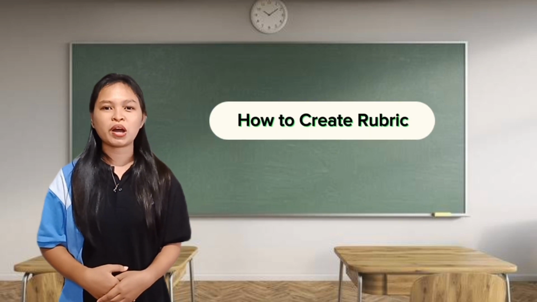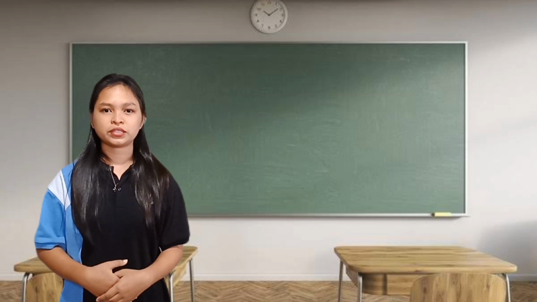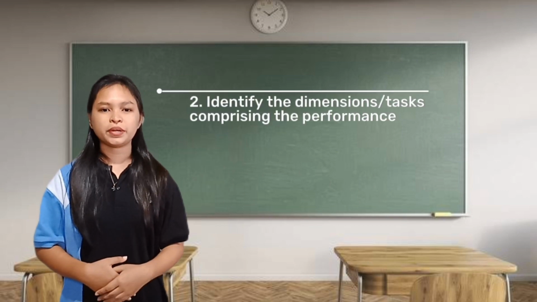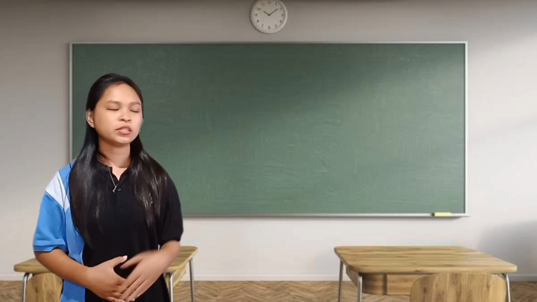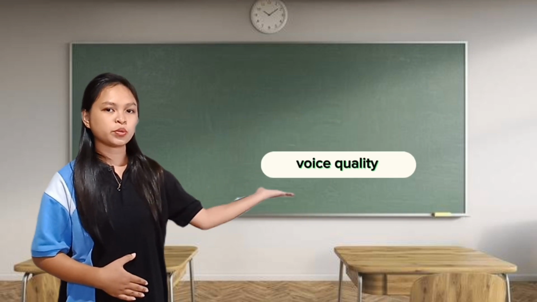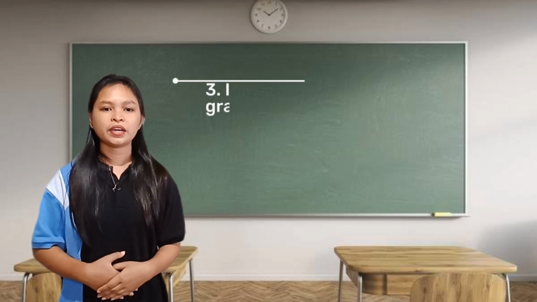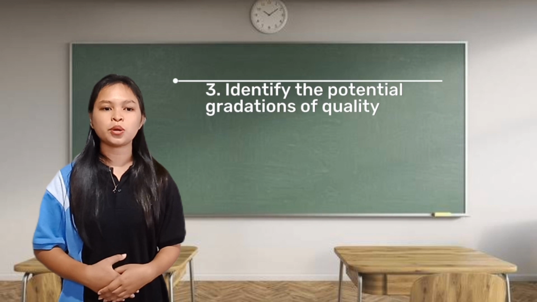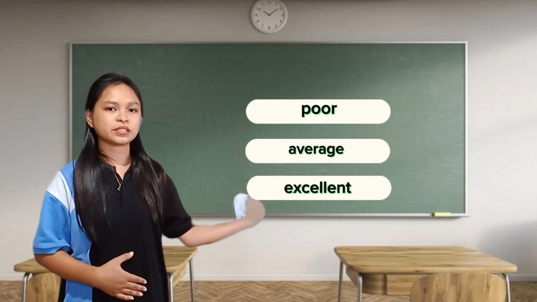Now, I will teach you how to create a rubric. Number 1, record the performance objective. Number 2, identify the dimension or task comprising the performance. Example, speech mastery, voice quality, delivery, and audience contact. Number 3, identify the potential gradations of quality. Example, poor, average, excellent.